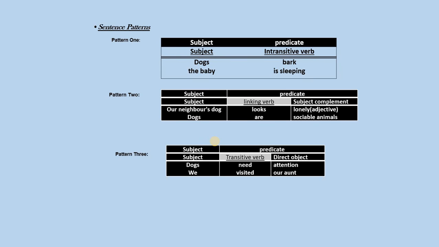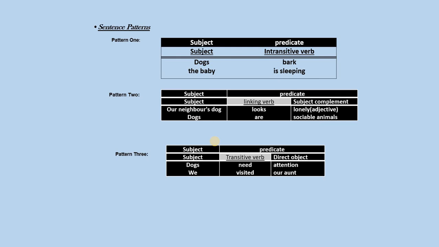Okay, so we move now to the sentence patterns. Here we talk about the word order. Each sentence differs from another sentence in terms of its parts and arrangements. The first main pattern is when I have a subject plus an intransitive verb.